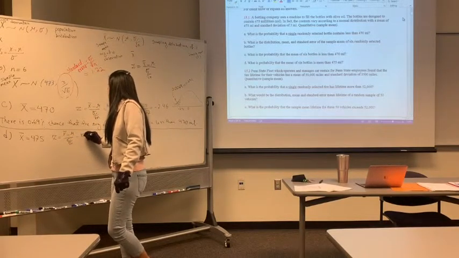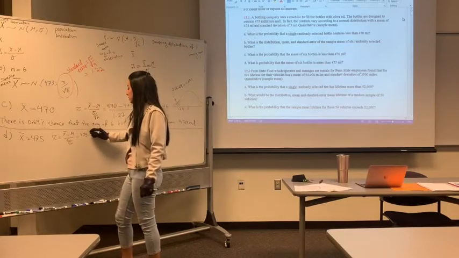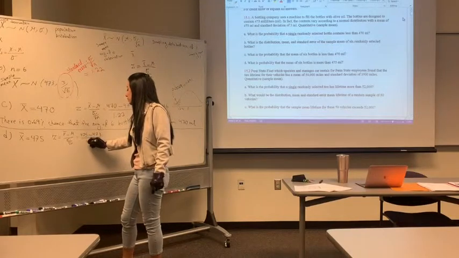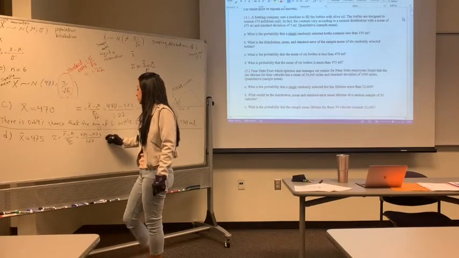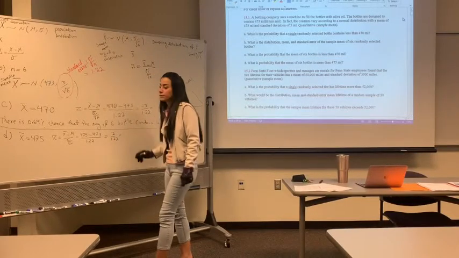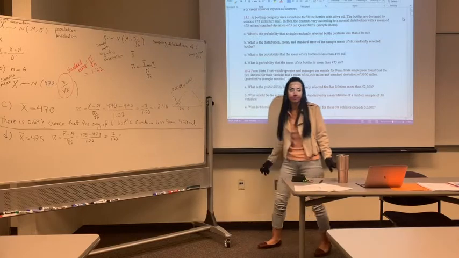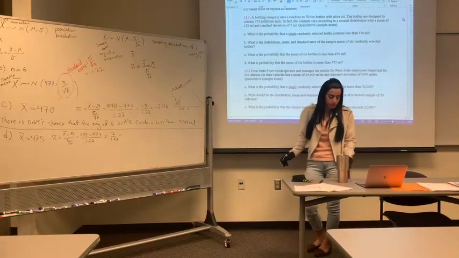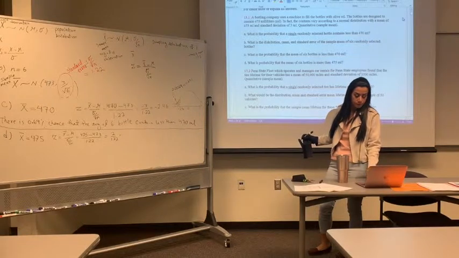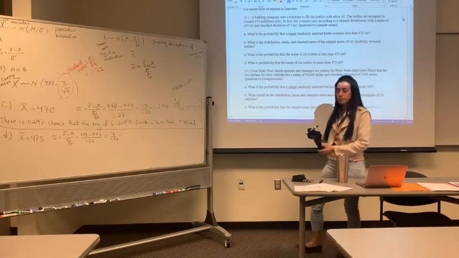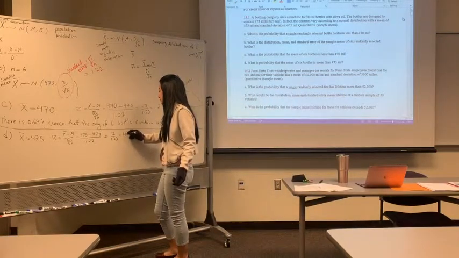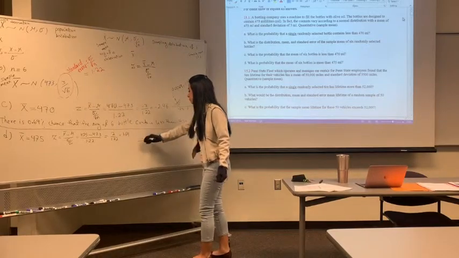Xbar is 475, mu is 473, the standard error is 1.22, and now we have 2 over 1.22, positive. 1.64.